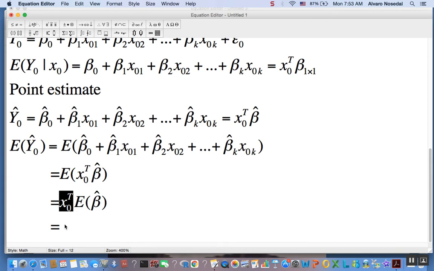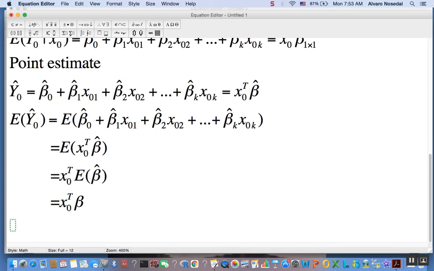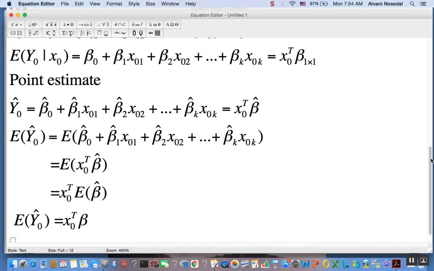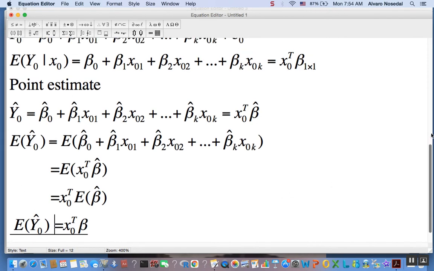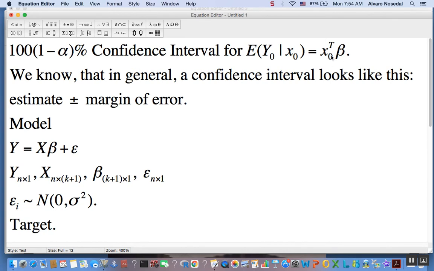So what we have here is x0 transpose times just beta. So what we know here is that the expected value of our point estimate is going to be x0 transpose beta, meaning our target.